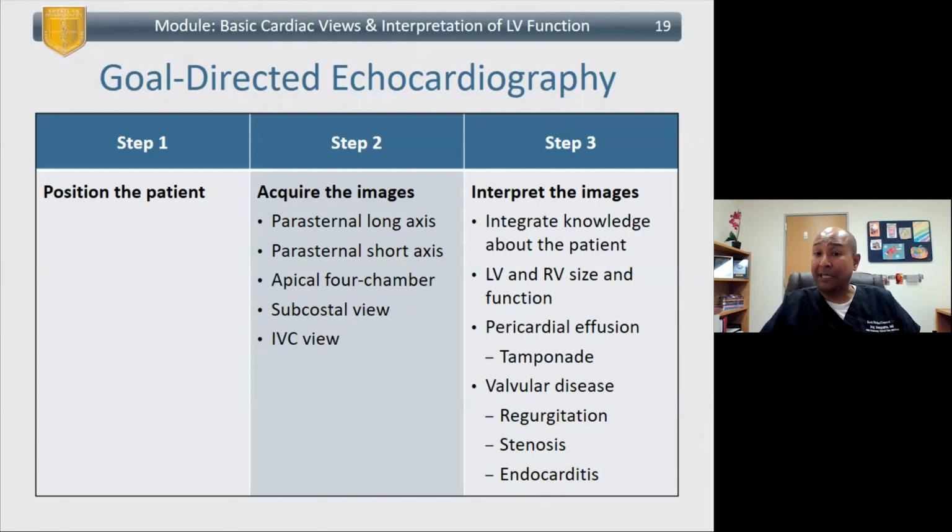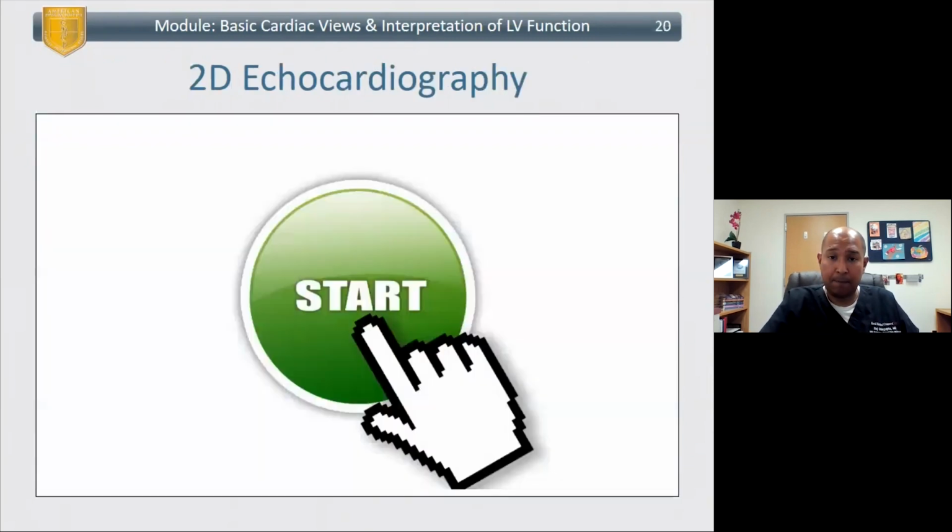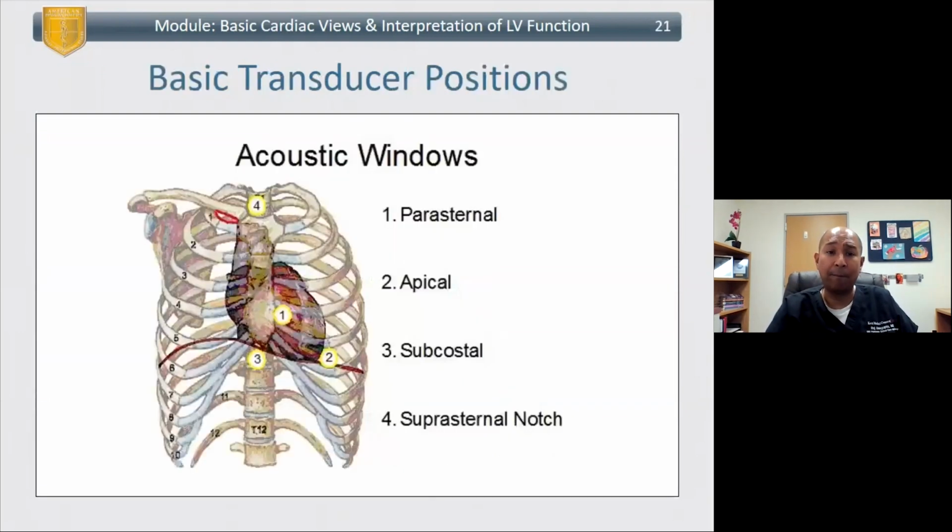Step 3 is to interpret the images and integrate the knowledge about the patient. Talk about the left ventricle, if you can, the right ventricle, look for pericardial effusions, and put it together if they have tamponade physiology. And look at some basic valvular diseases. So with that being said, let's hit that start button and talk about 2D echo.